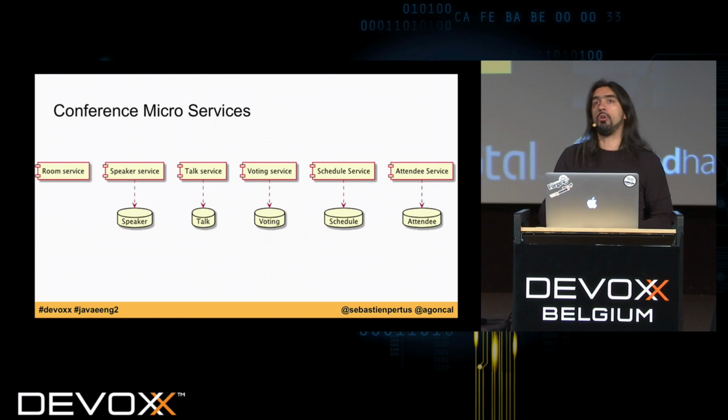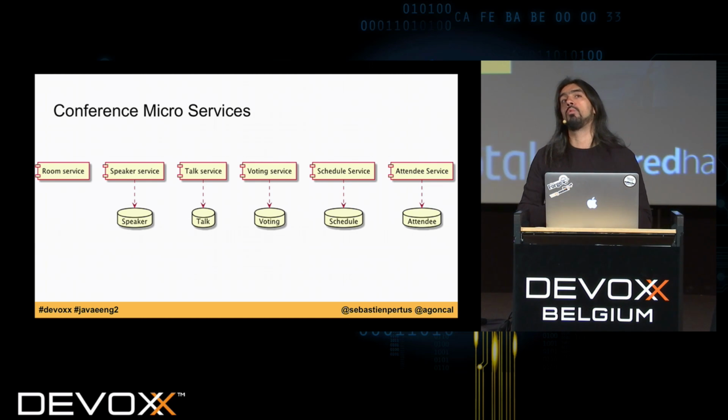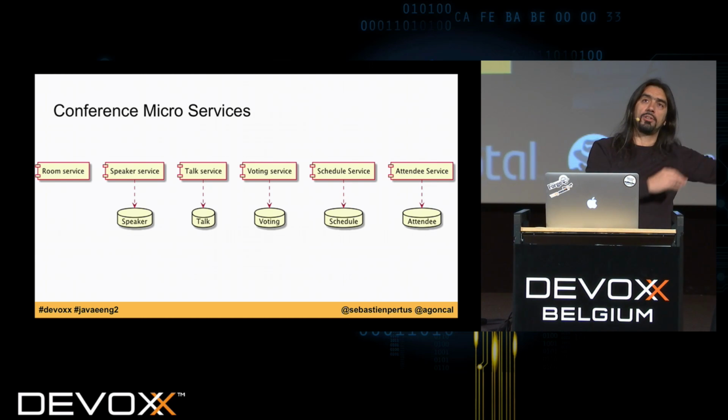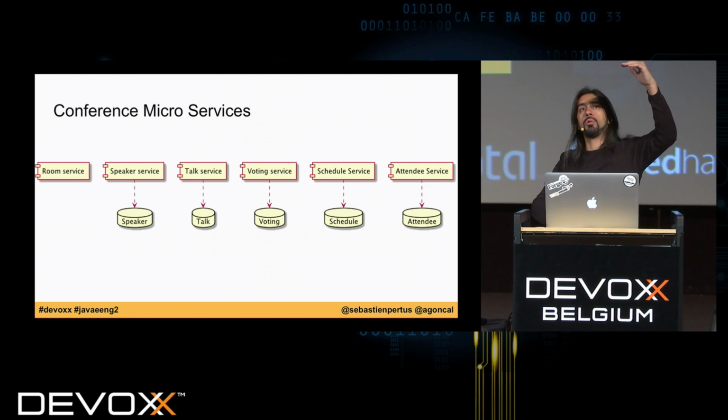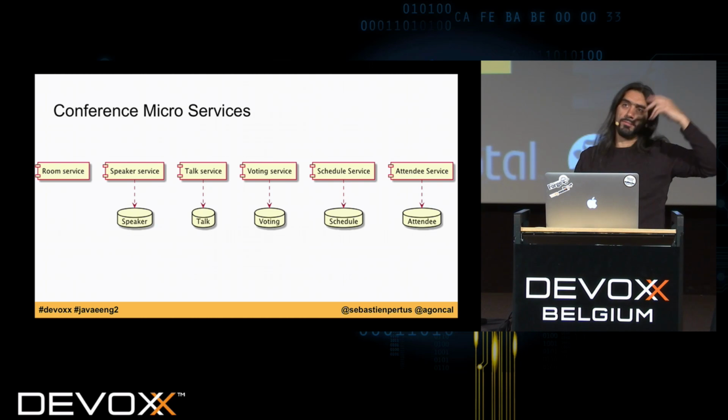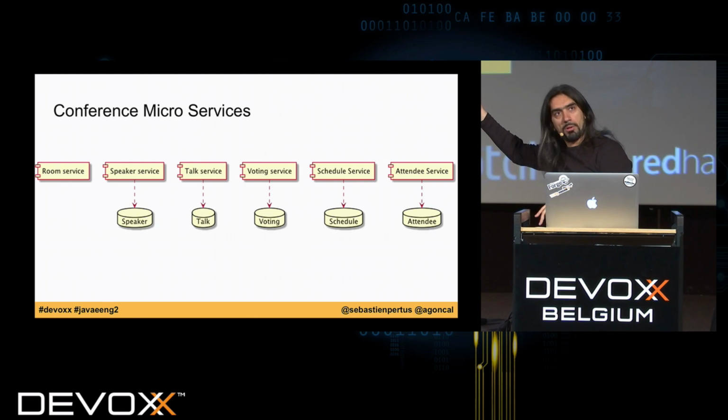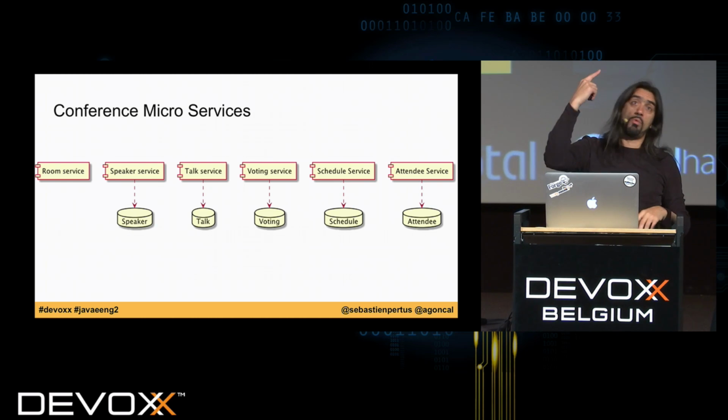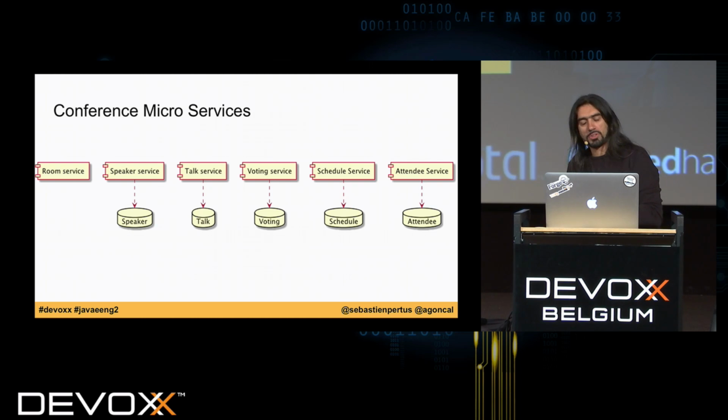The schedule service only does schedule, and from there, if you need to know what's happening in the talk, you go to another service that gives you the description of the talk, and if this talk is done by 2 speakers, and if you want to know the information about these speakers, you click on it and you go somewhere else again. Okay, so one service only does one thing.